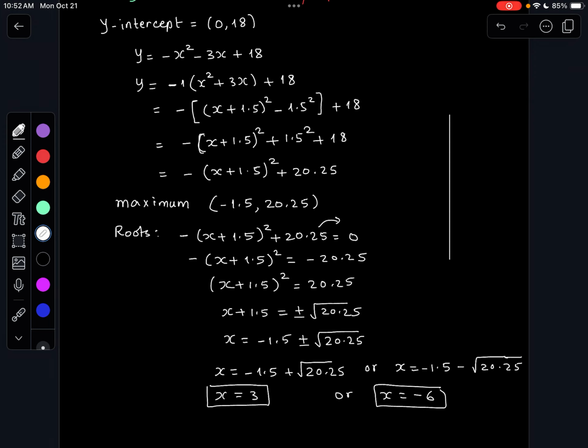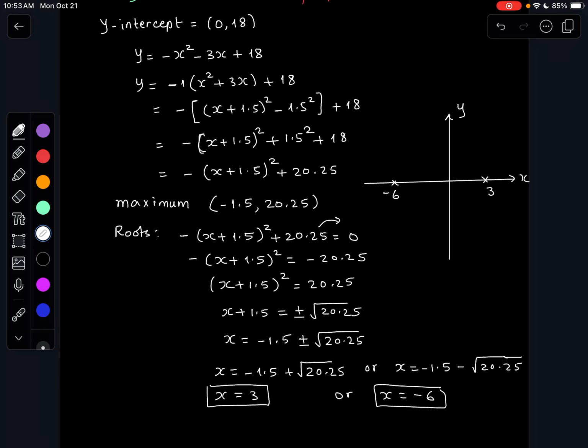Let's move it a little bit to the side. So label this as x and y. Let's say minus 6 is here. Positive 3 approximately here. And then we have (-1.5, 20.25).